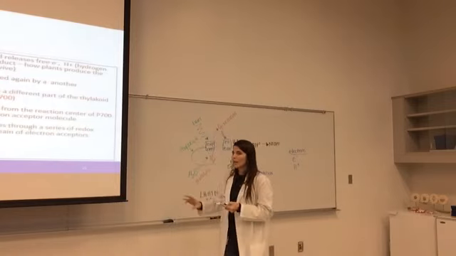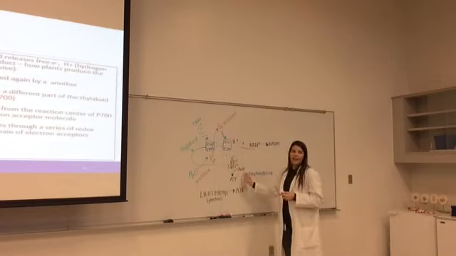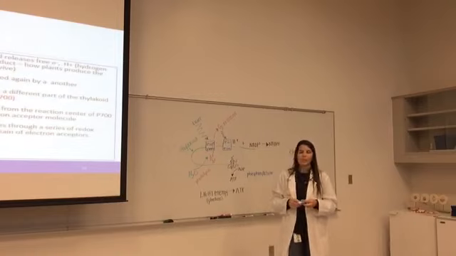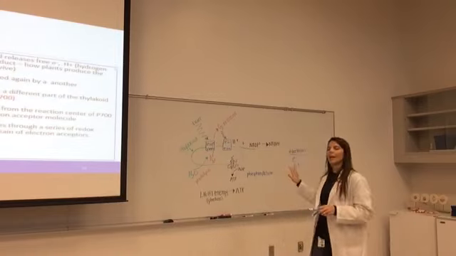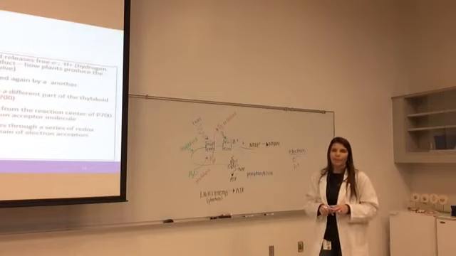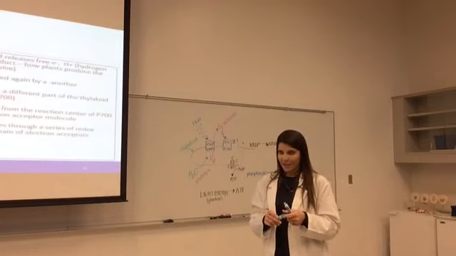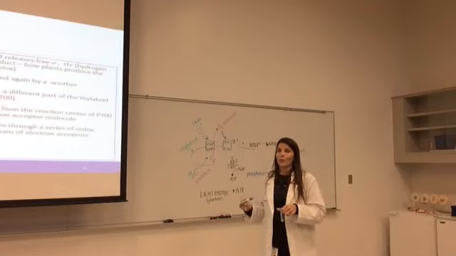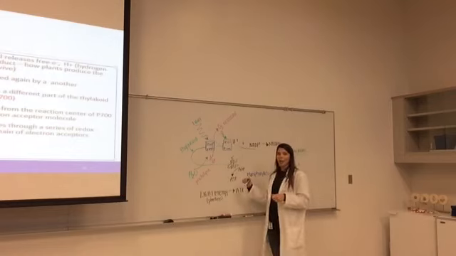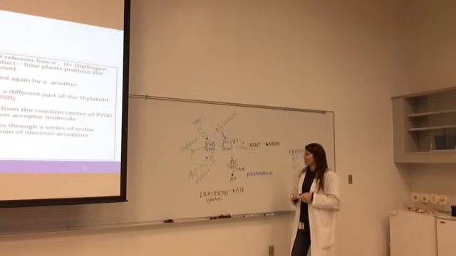So again, my question is, what did I use here to phosphorylate ADP into ATP? What was the main catalyst? What made this whole reaction occur? Light. What is the root for light? Photo. So if you had to guess, where do you think I would put that in reference to phosphorylation?